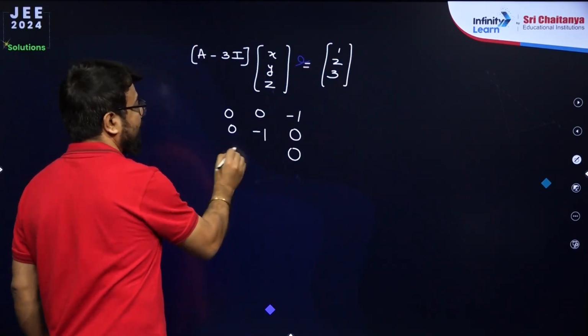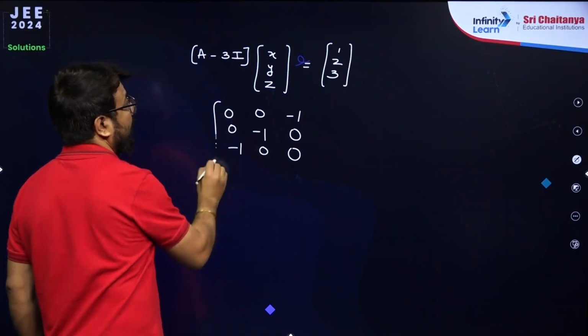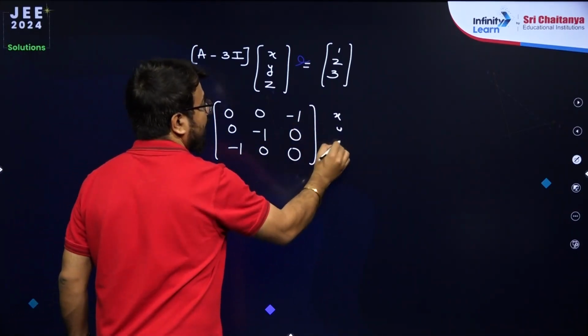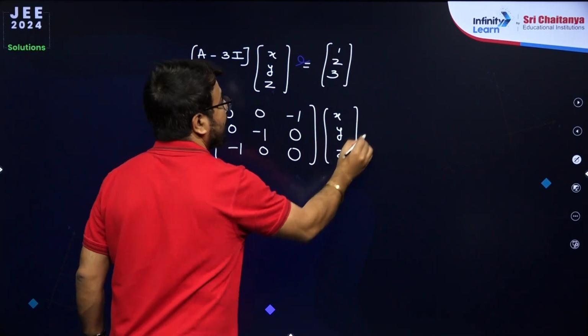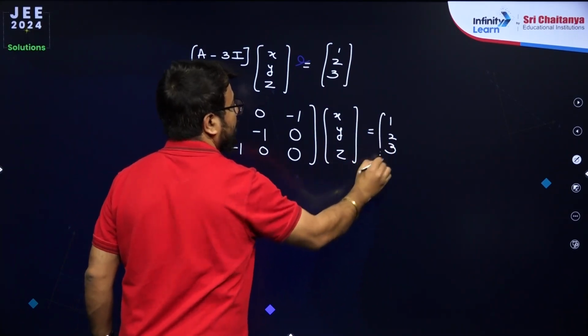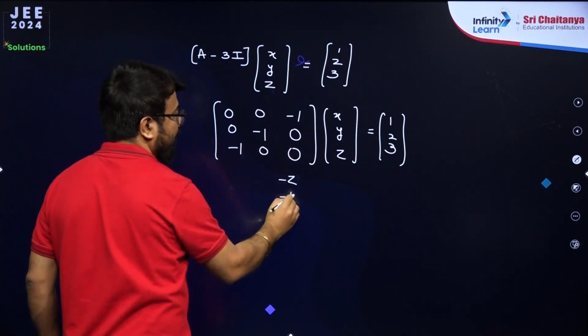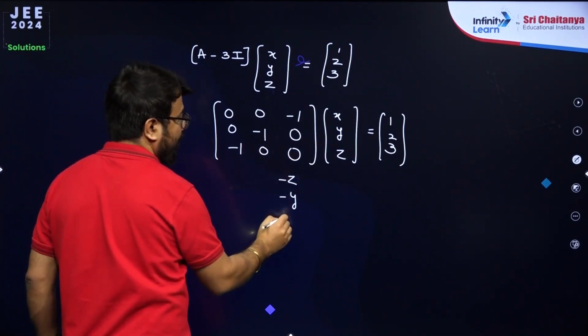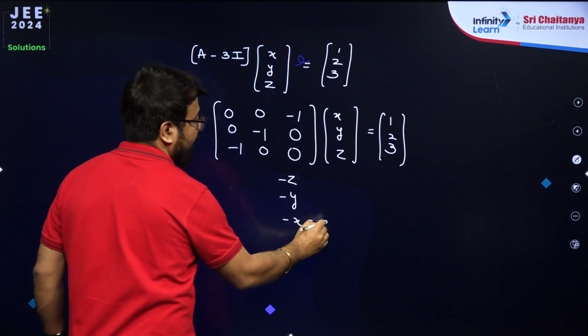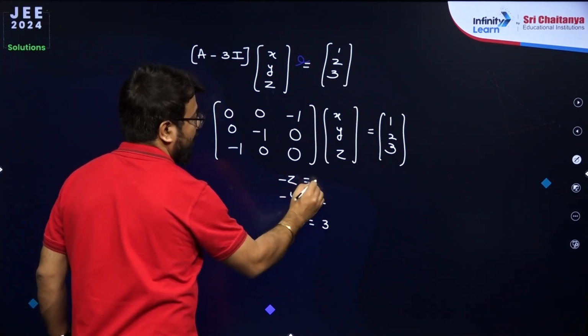Taking the product with xyz, the result is 1, 2, 3. So we get -z, -y and -x with values 3, 2 and 1.